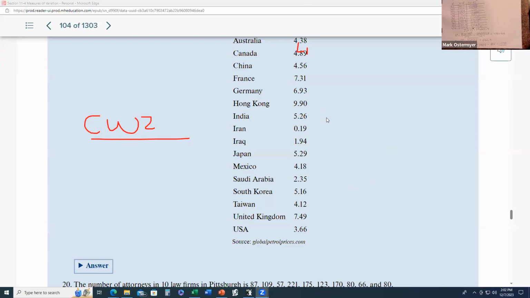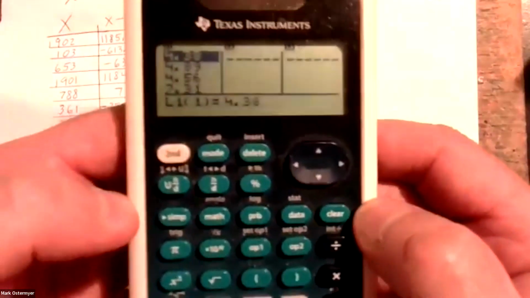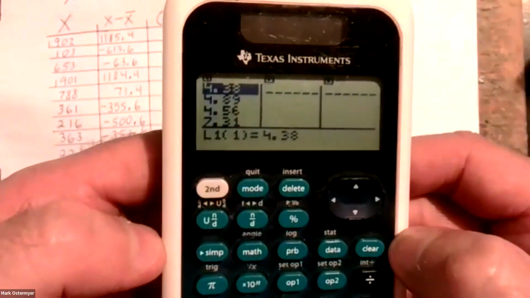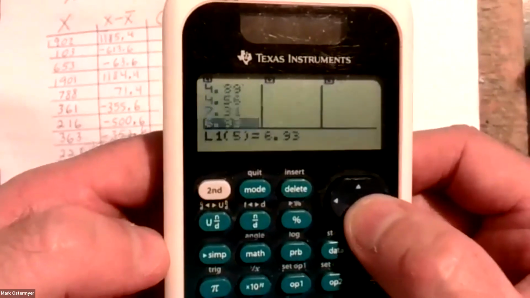All right, so I entered all these data values in list one here on the TI-34. I entered all the observations into list one. You can see them right here.